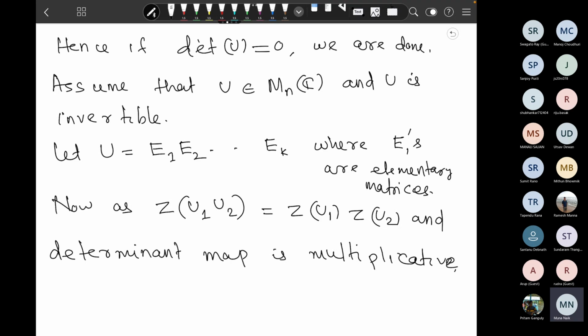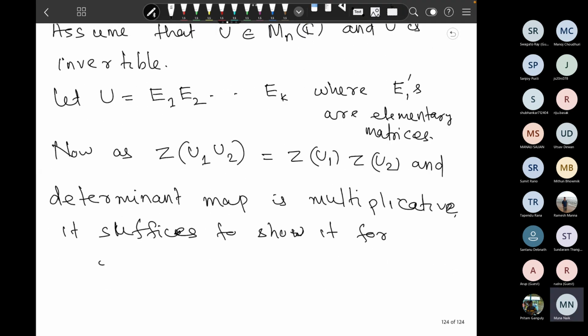It suffices to show it for elementary matrices, because the determinant map is also multiplicative.